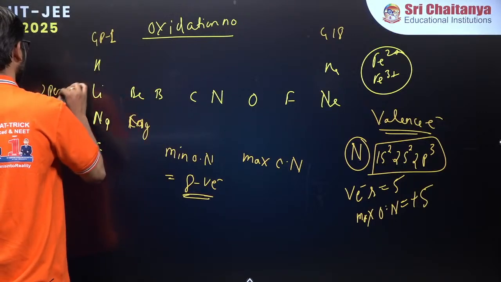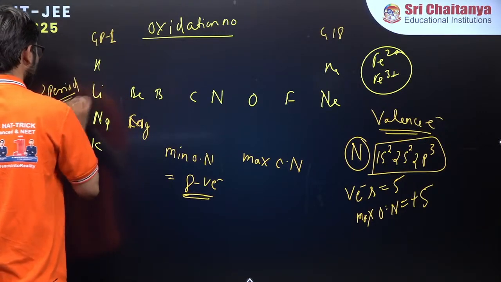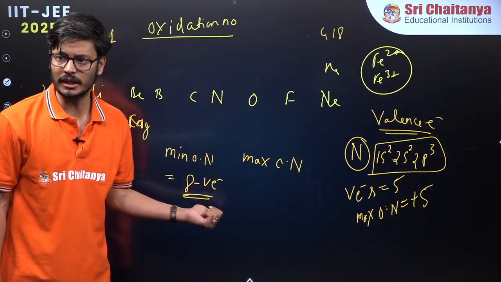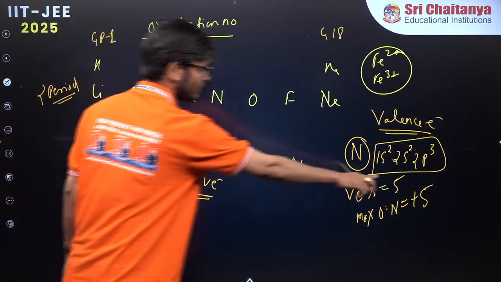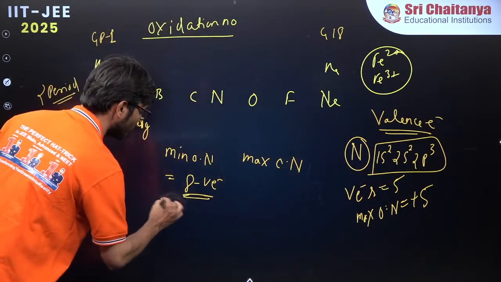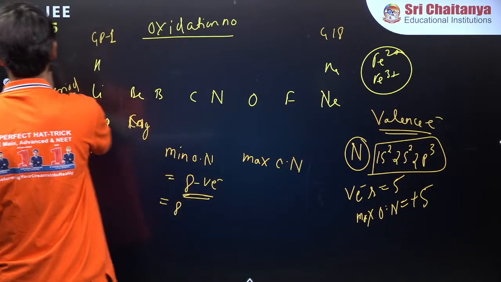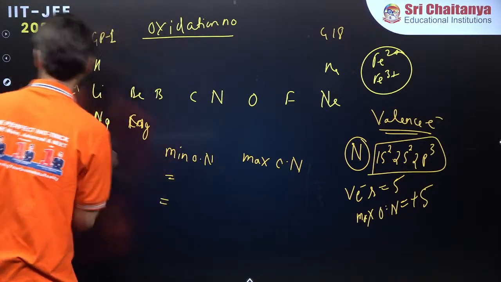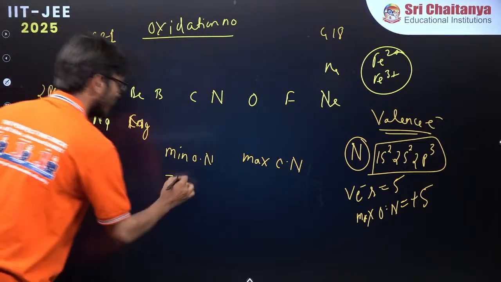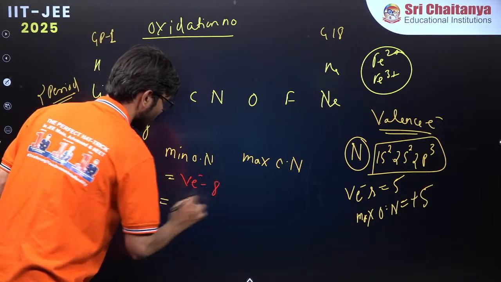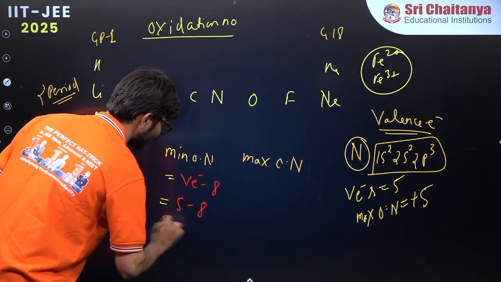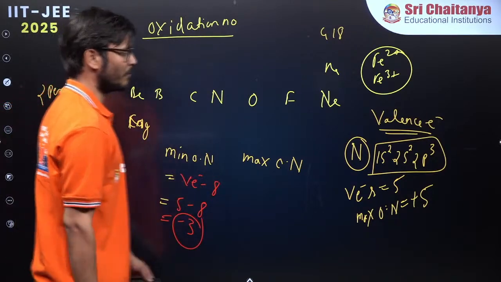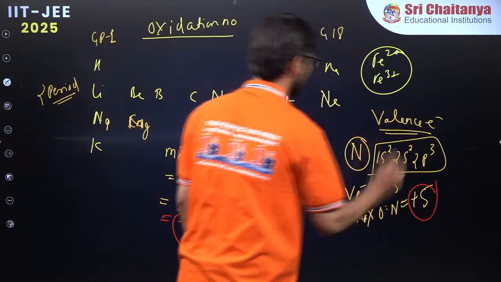Sorry, it is valence electron minus 8. So 5 minus 8 is equal to minus 3. That means nitrogen ka minimum oxidation number is minus 3 and maximum oxidation number is plus 5.